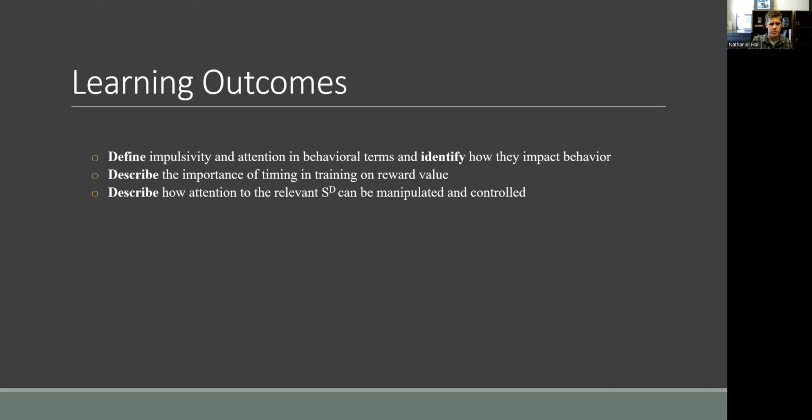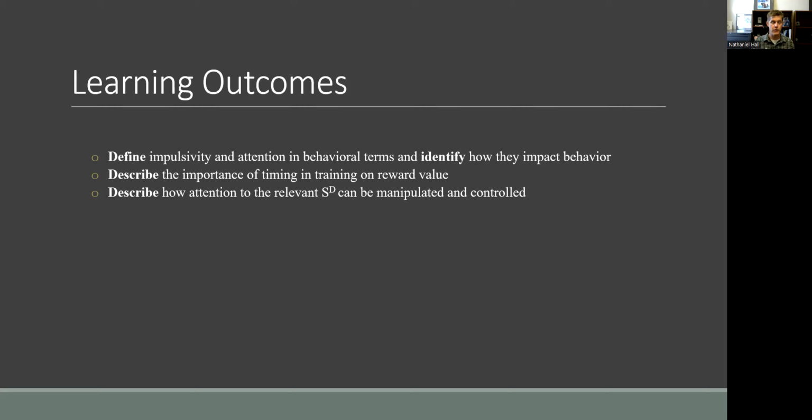Then we talked about impulsivity and self-control, and how we can define them, particularly in terms of inhibiting a response for a smaller immediate reinforcer versus a larger delayed reinforcer.